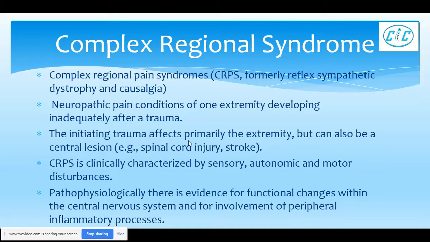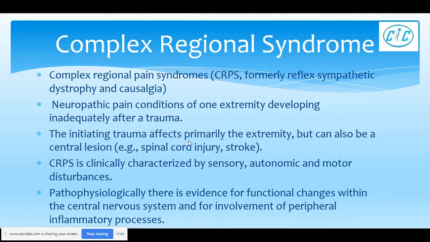These are the syndromes where the patient is going to feel pain, and that's why it is called complex regional pain syndrome, which is almost always associated with pain that the patient is suffering.